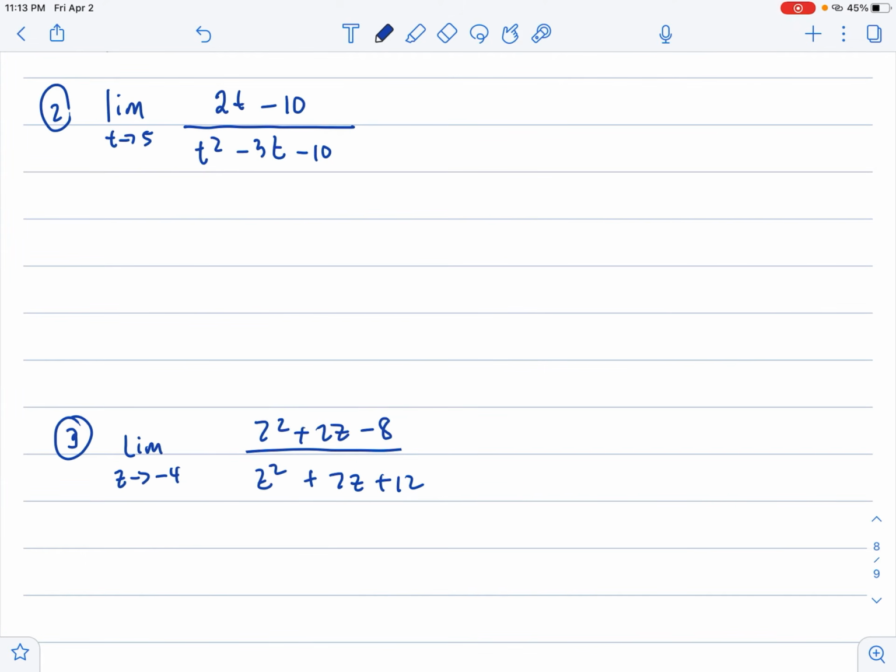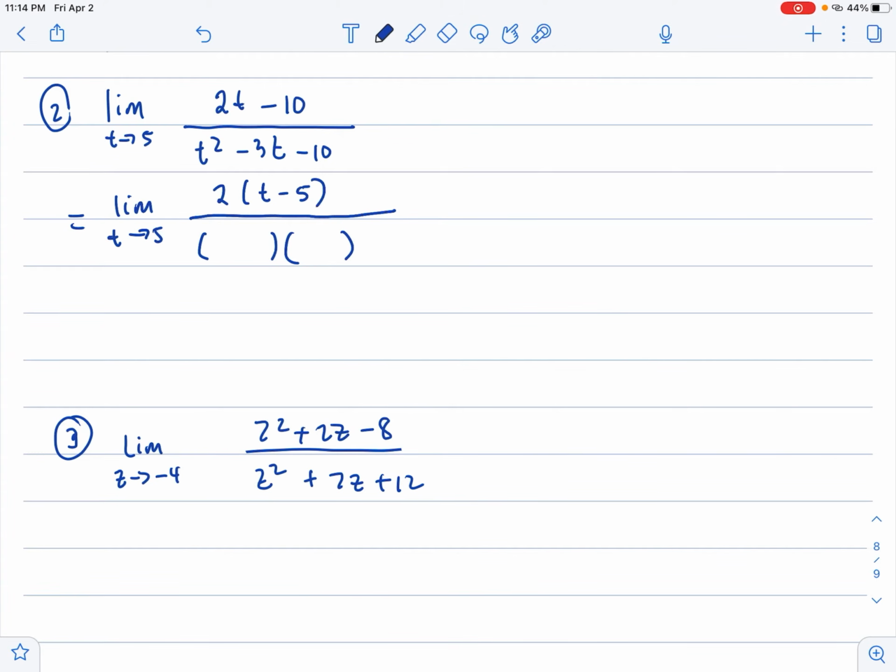So this is equal to the limit as t approaches 5. So this is 2 times t minus 5 divided by, ang factor ng t squared minus 3t minus 10. Ang negative 10 ay negative 5 and 2 or 5 and negative 2.